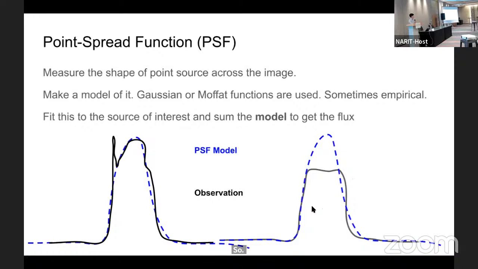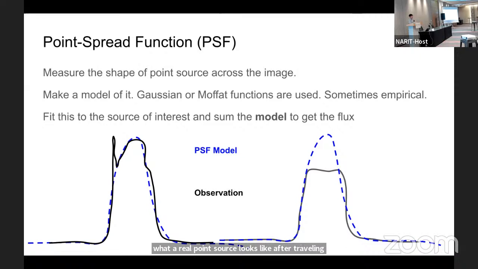Because of this, and other reasons, we came up with a process called PSF photometry. To talk about PSF photometry, I have to first tell you what a PSF is. PSF stands for point spread function. As the name suggests, it's the function that describes what a real point source looks like after traveling through all of your optical systems.